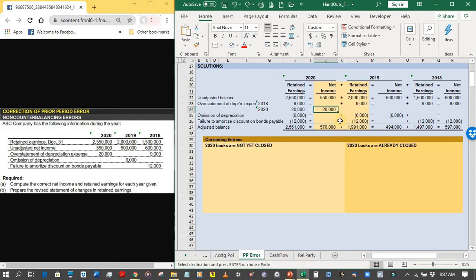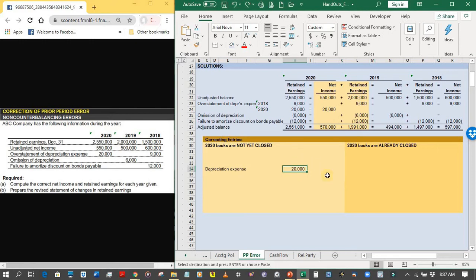So what nominal account do we need to credit in order to adjust the net income? That nominal account is related to depreciation, so of course, that will be depreciation expense. By crediting depreciation expense, we are able to increase net income by 20,000 pesos.